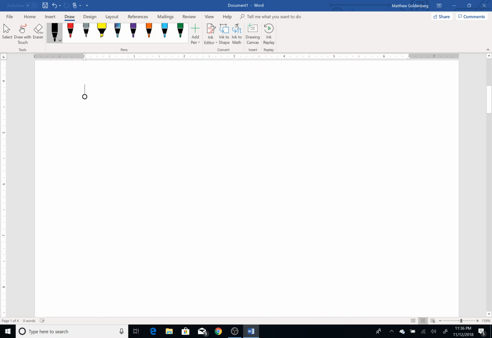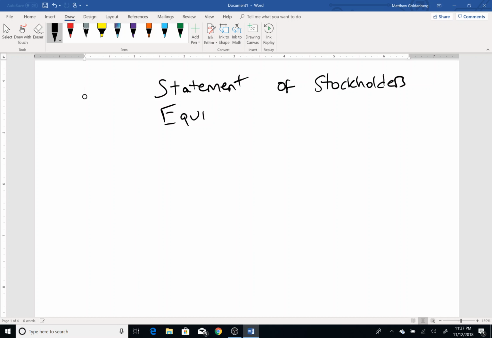What this boils down to is when you create a statement of stockholders' equity, you need to know retained earnings, dividends.